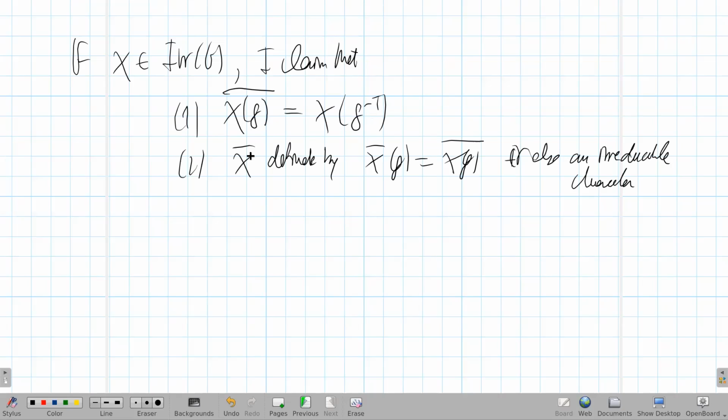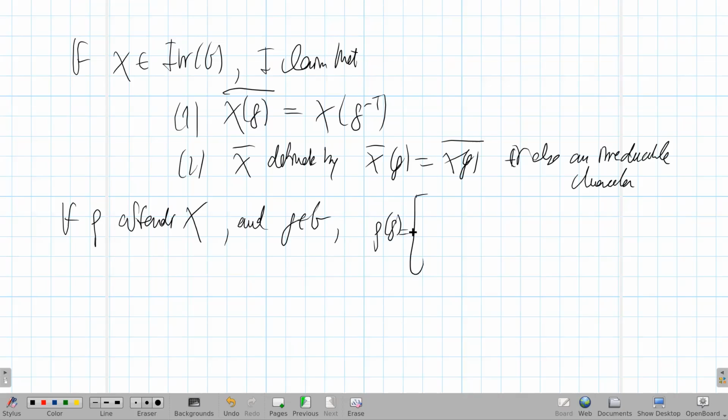So the first thing is simply due to the fact that if rho is the representation affording chi, so this means chi is the character, is the trace of rho, okay? And g is in G. Then as we saw, rho of g, and g is, say, of order n, or n could be the order of the group, it's not important, then we saw that you can put rho of g in this diagonal form, okay?